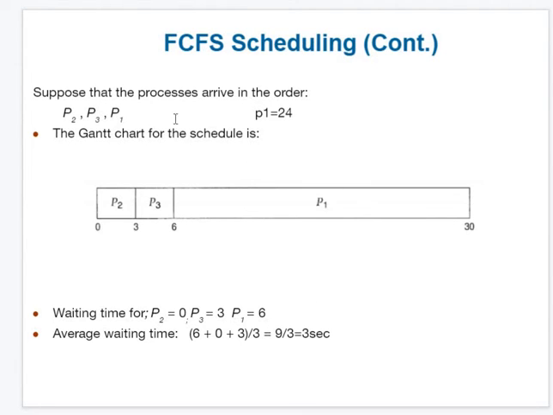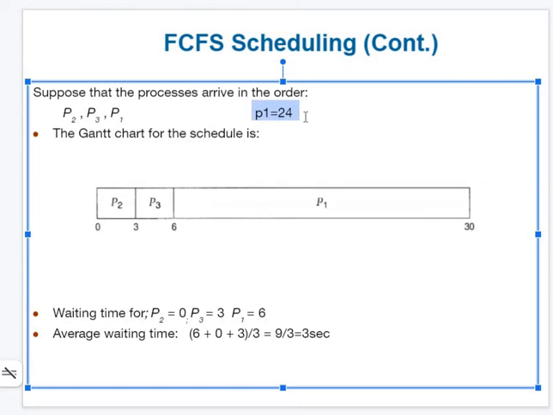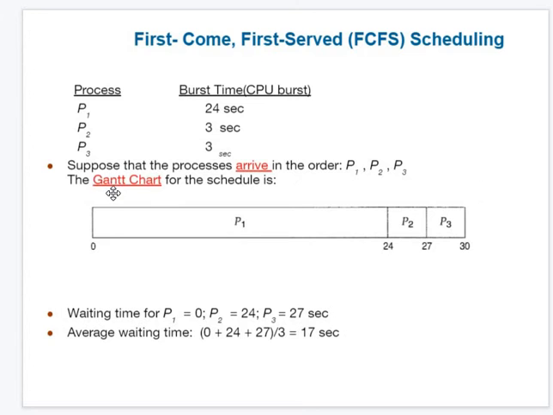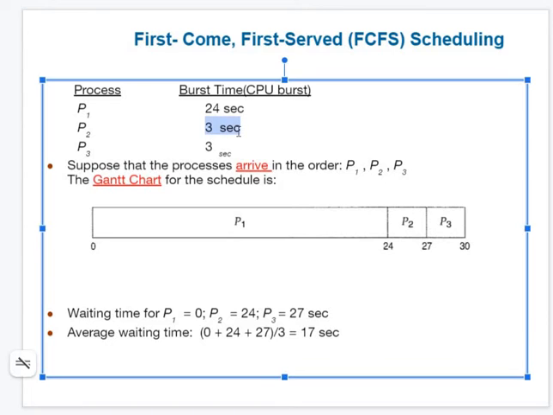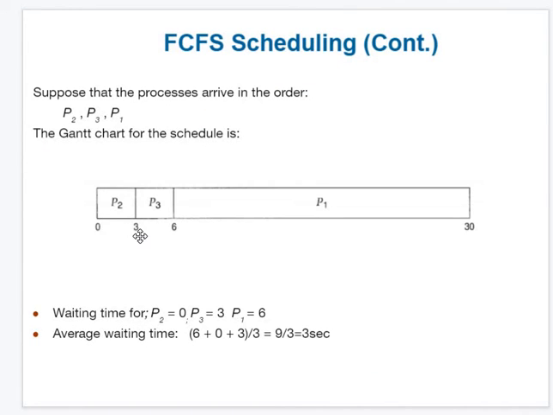FCFS: take the processes' burst times and consider the order which is given. Start from the first, write it from 0 in the Gantt chart, and allocate the CPU for the full time required, which is 3 seconds. Then you write one vertical line which shows the end of P2.